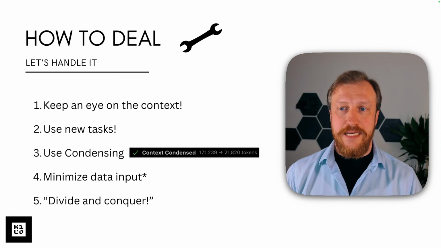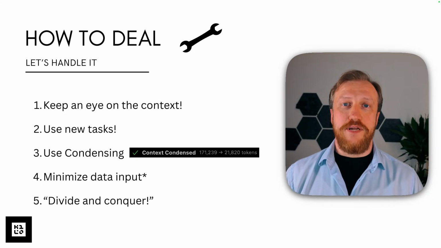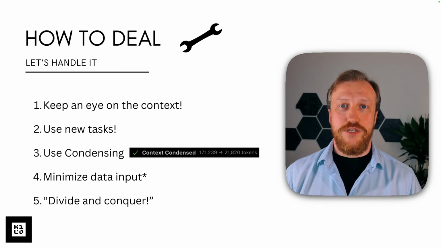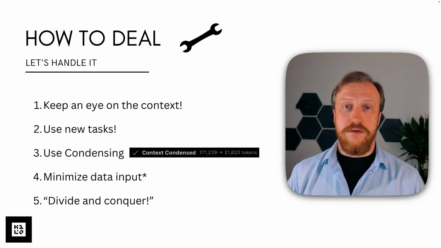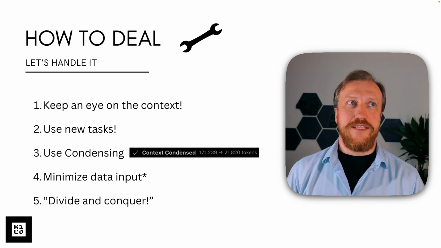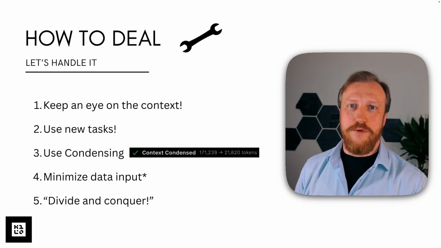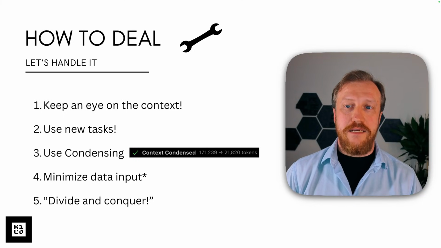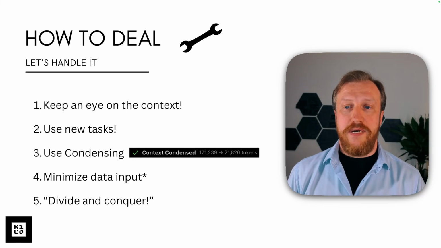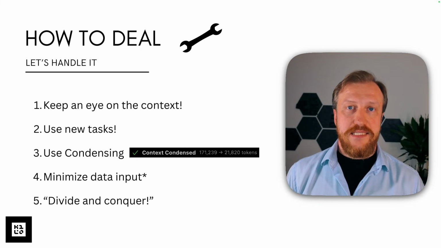Then we use condensing. And there is a trick. If condensing launched on its own, then most probably it's already way too late. By default, smart condensing turns on when you're getting to 100% of the context window being full, and that means it should have been launched, most probably, many API calls ago. We minimize data input, and we think about how to divide and conquer our tasks. Let's take a closer look.